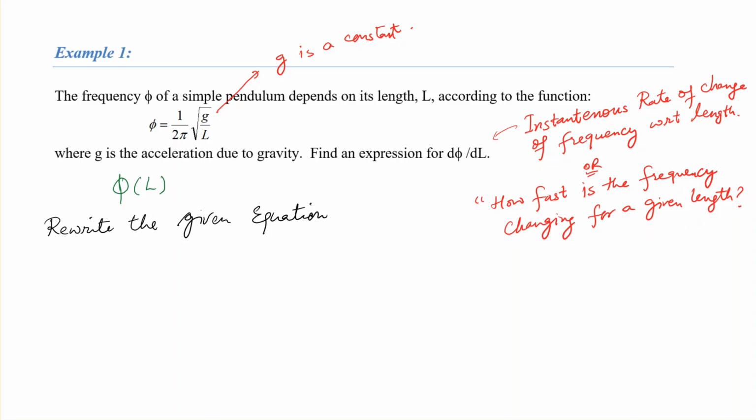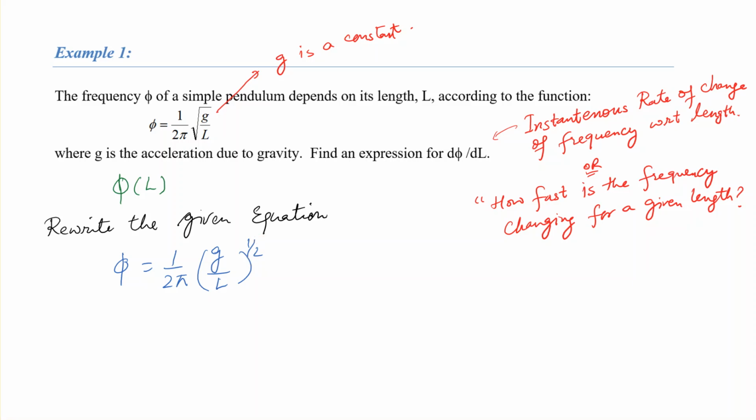I'm going to rewrite the given equation so that we can take the derivative easily. The given equation is phi equal to 1 over 2 pi times the square root of g over L. I'm just writing it raised to the power half.